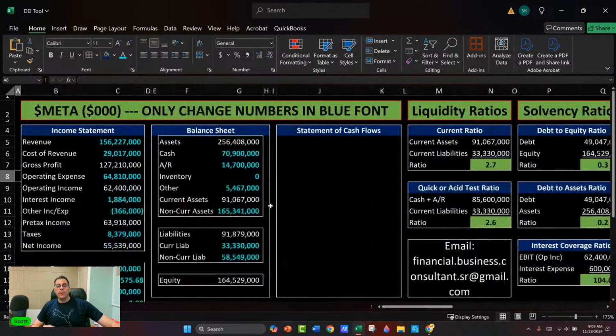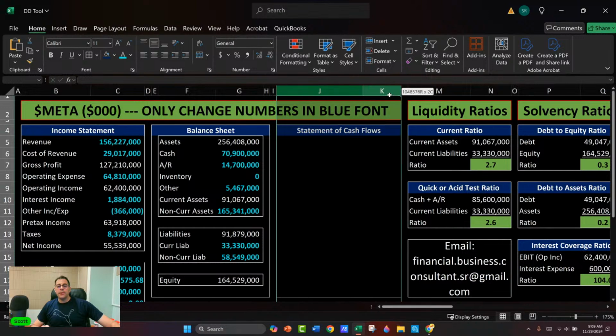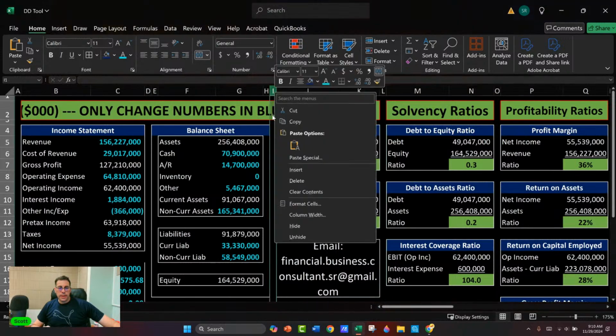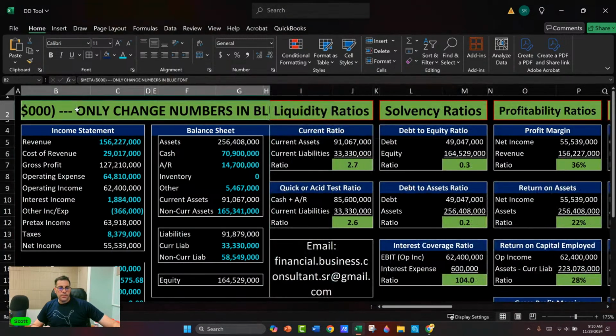This is a good start. We don't have to get the statement of cash flows involved. It's a lot already, the way it is. I don't want to spend forever on this file.